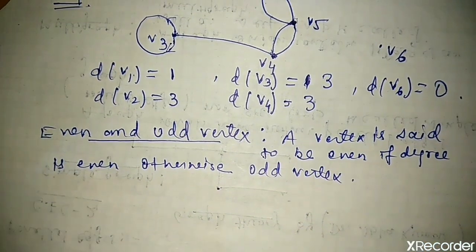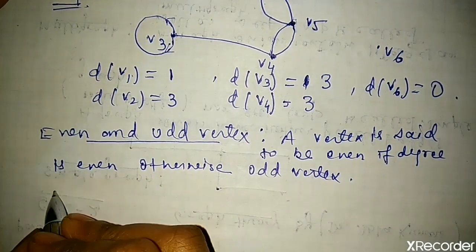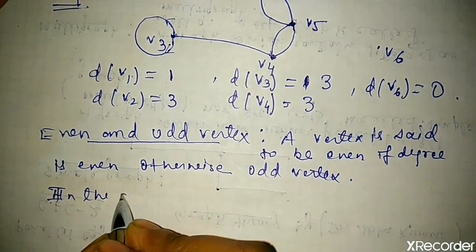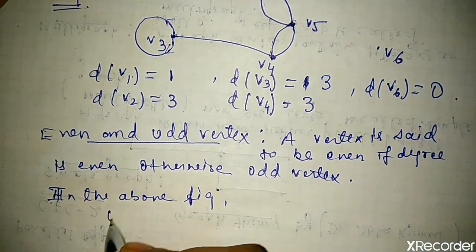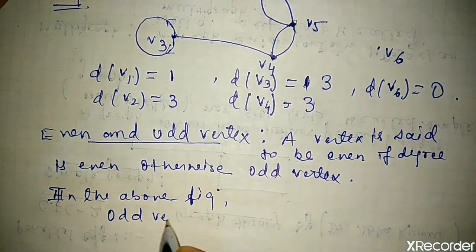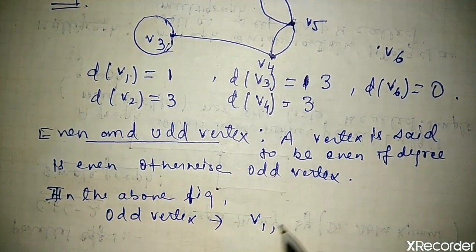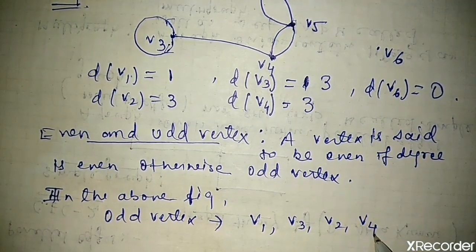So in the above figure, the degree of V1 is 1. How many odd vertices do we have? The vertices V1, V3, V2 and then V4.